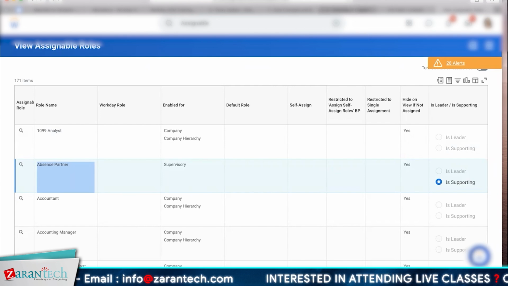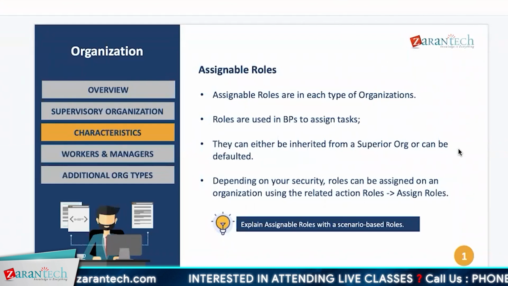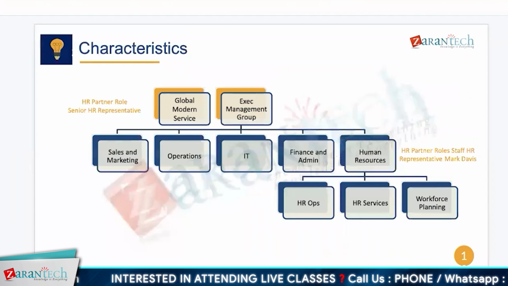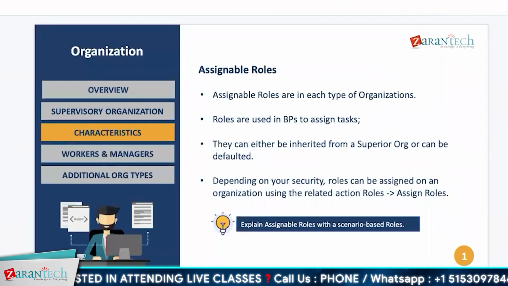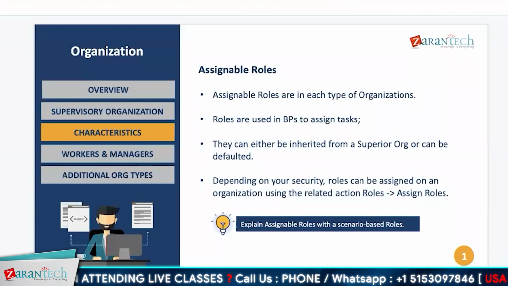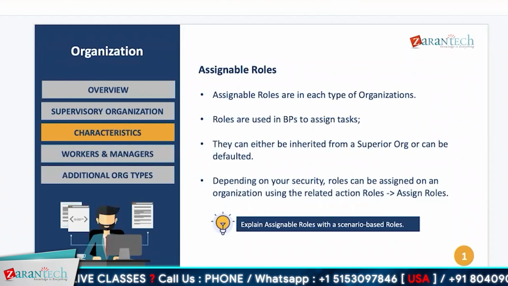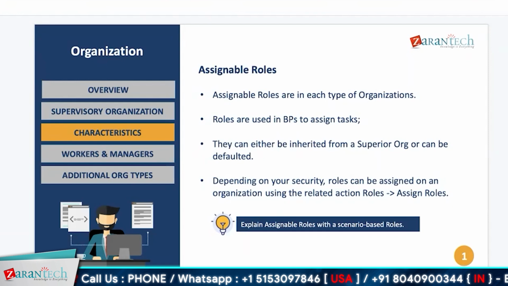We can also create our own customizable role in case we need, but Workday has delivered quite a lot already, and we can use them as well. But if any organization has some specific requirement which is not met by the Workday delivered roles, we can create customized ones as well.